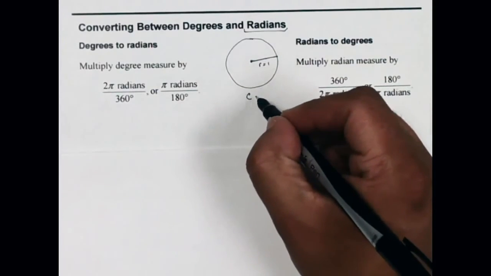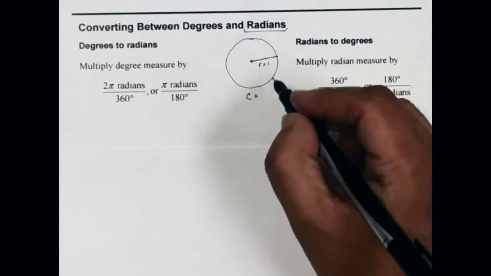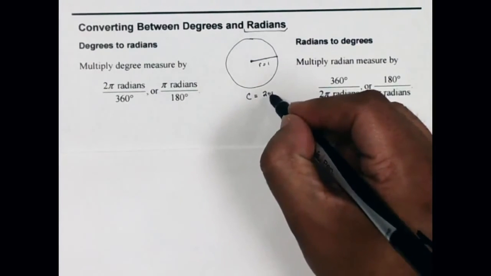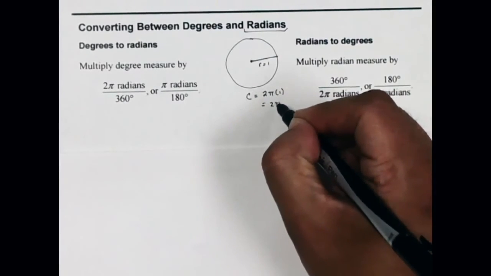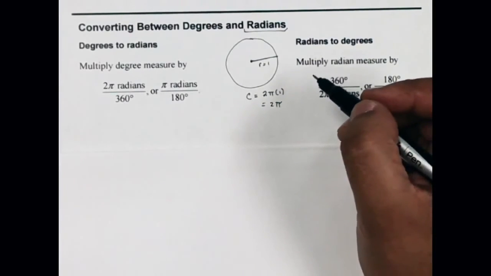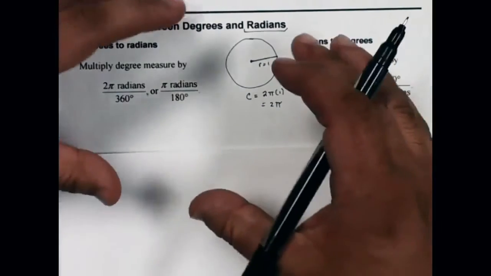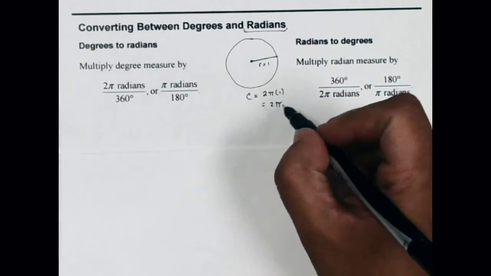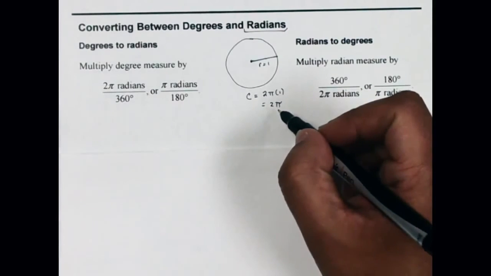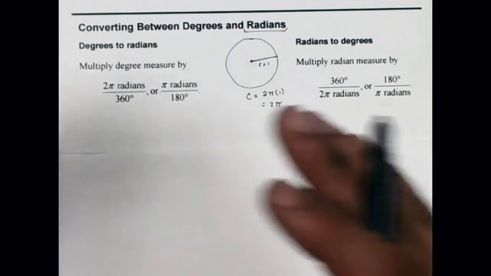So then the circumference of this unit circle would be 2 times pi times my radius of 1, which would just be 2 pi. Okay, and since all circles are similar, we're going to use this base circle with a circumference of 2 pi and compare that to any circle.